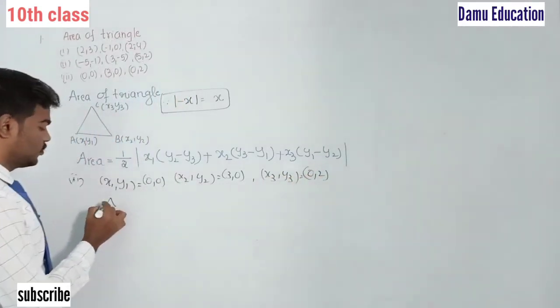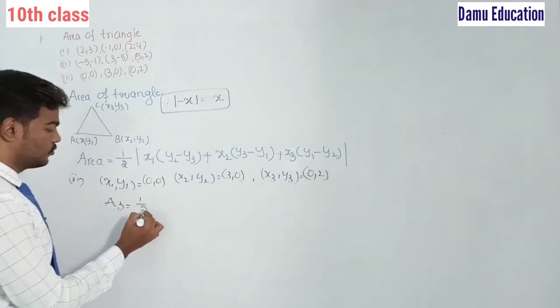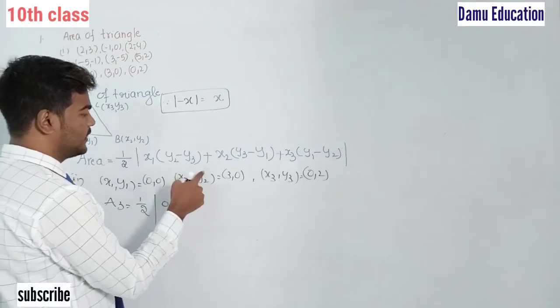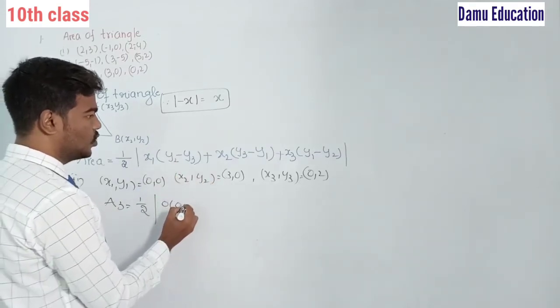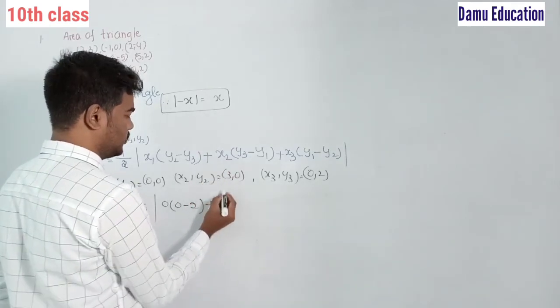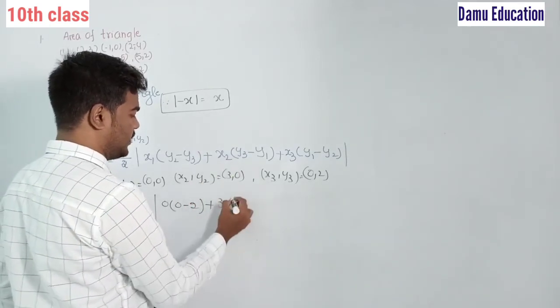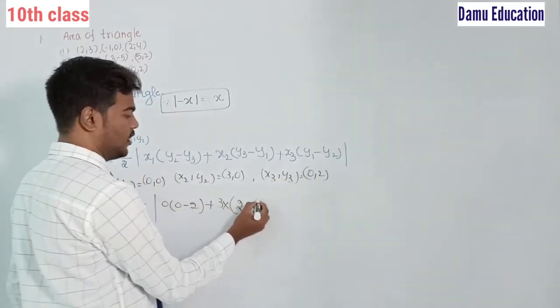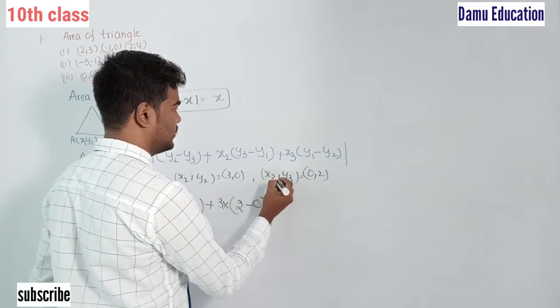So let's substitute. A3 is 1 by 2, modulus of x1, which is 0, into y2 minus y3. y2 is also 0 and y3 is 2, plus x2, which is 3, into y3. y3 is 2, minus y1 which is 0, plus x3.